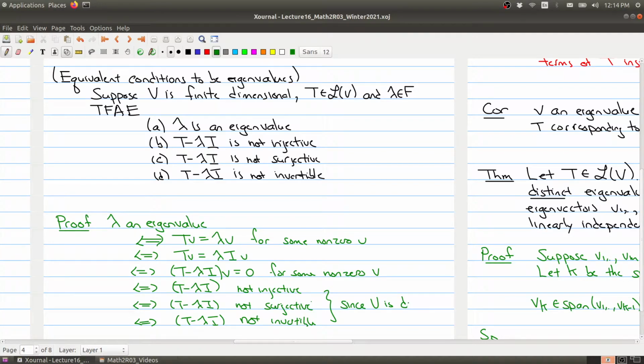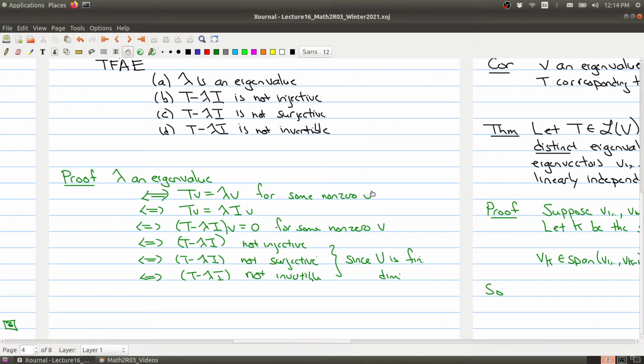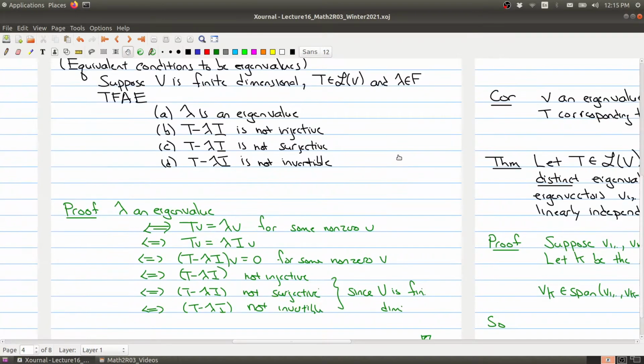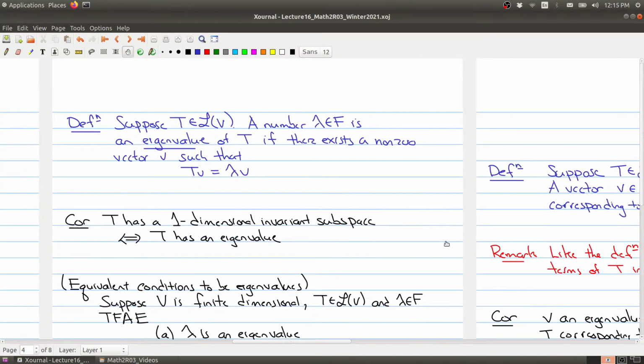Since V is finite dimensional, that's why those 3 conditions hold. They are either all true or all false, and in this case, they're all not injective, not surjective, or not invertible. So that's some conditions for an eigenvalue.